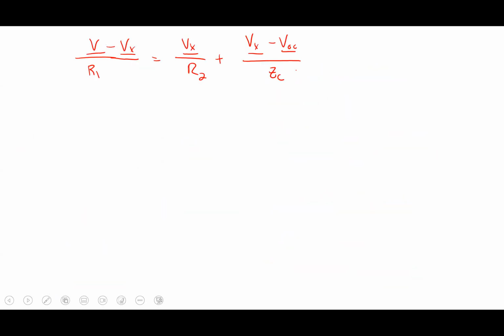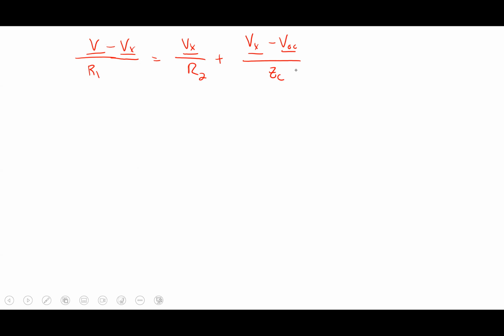So the first equation was V minus Vx over R1 equals Vx over R2 plus Vx minus VOC divided by Z sub C. That should have been it, yep.